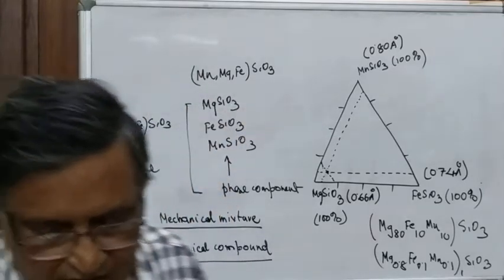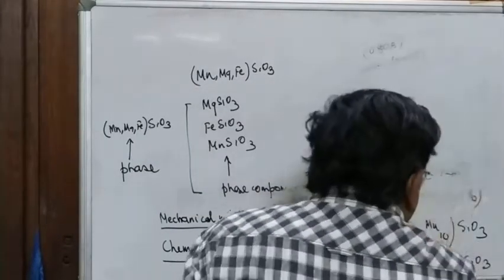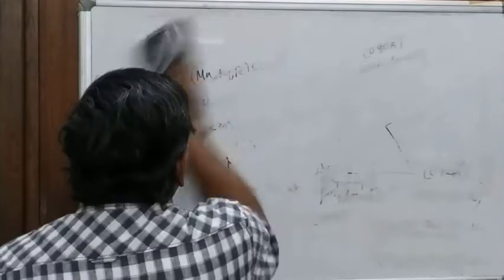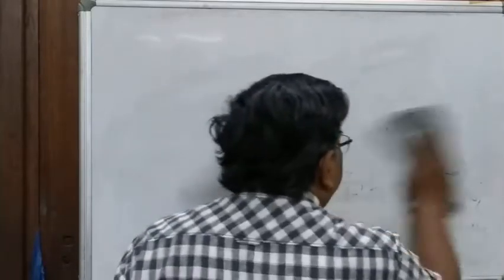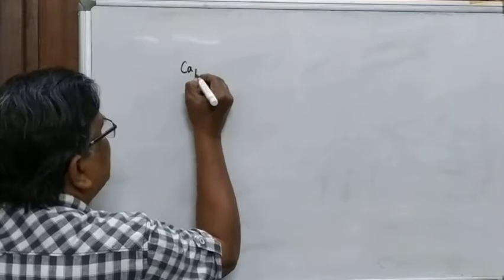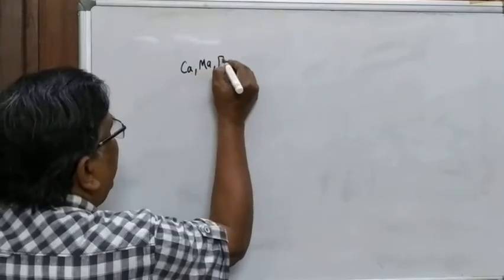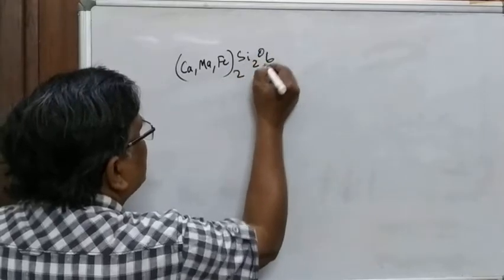I will give you another example to clarify the point. I don't know your strength of mineralogy, but there is something called the quadrilateral pyroxenes. This is about pyroxenes in the system CaMgFe Si2O6.